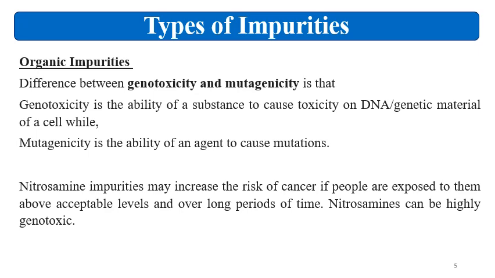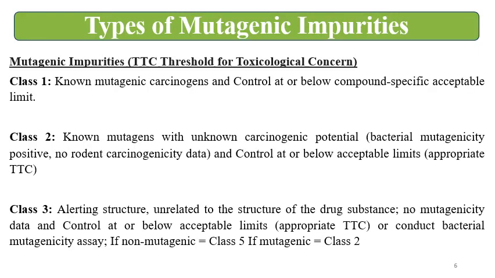And now you can relate this to the mutagenic nitrosamines. Nitrosamine impurities may increase the risk of cancer if people are exposed to them above acceptable levels and over a long period of time. Nitrosamines can be highly genotoxic. So nitrosamines are the mutagenic impurities which are also genotoxic.